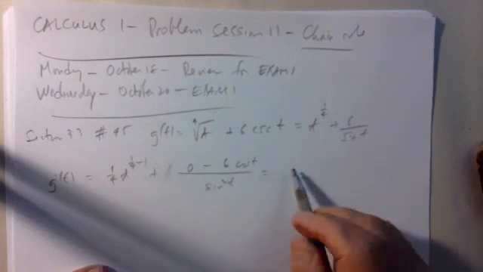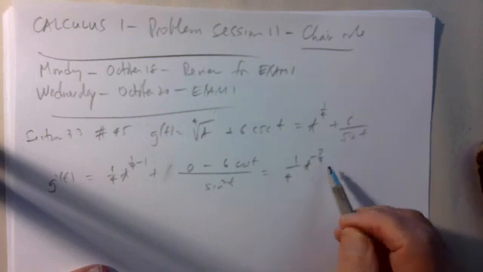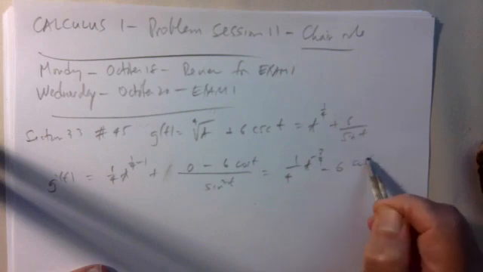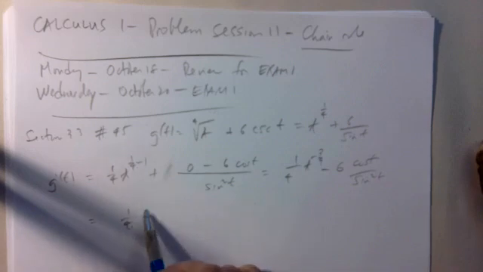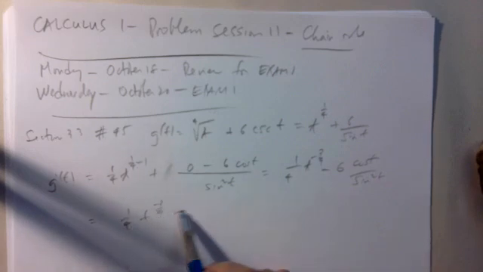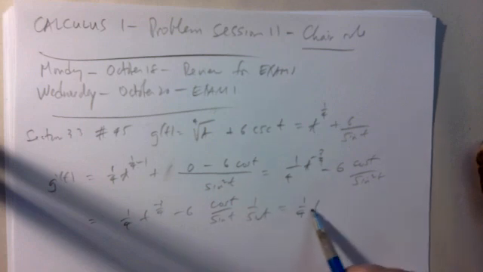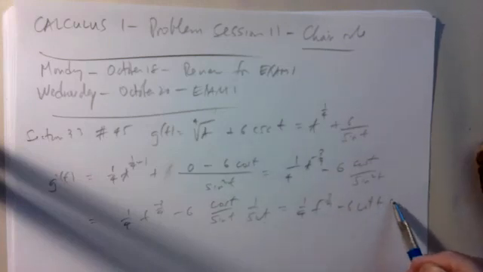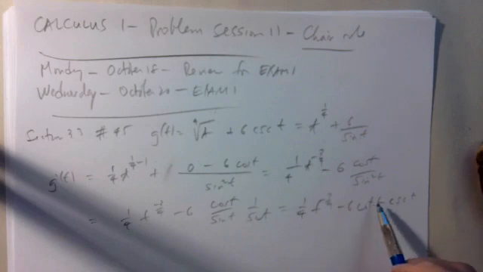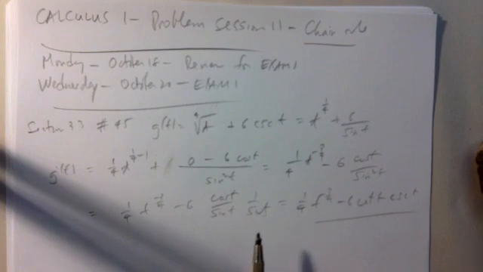So this is 1/4 t to the minus 3/4 minus 6 cosine t over sine squared t. Sometimes people like to write that as minus 6 cosine t over sine t times 1 over sine t, in which case this is 1/4 t to the minus 3/4 minus 6 times the cotangent of t times the cosecant of t. And that's what it is.